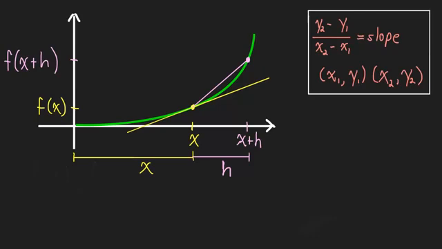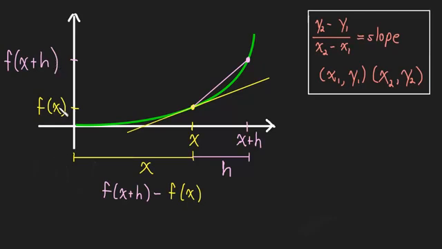Okay, so the slope of the secant line is going to be f of x plus h minus f of x. So I'm color coding this so you can see where it came from.